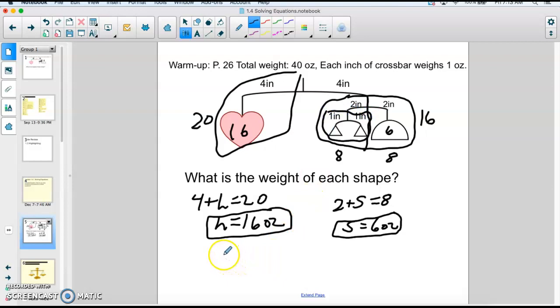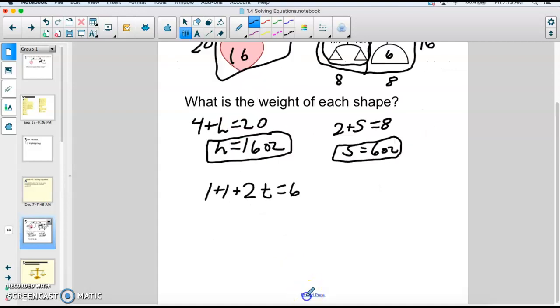And so I know that the 1-inch crossbar plus the other 1-inch crossbar plus we have 2 triangles in that grouping, that all has to equal 6. And so now I can just solve, right? I have 2 plus 2t equals 6. Then I subtract 2 from both sides, so I get 2t equals 4, and so then obviously each triangle that I have is 2 ounces.